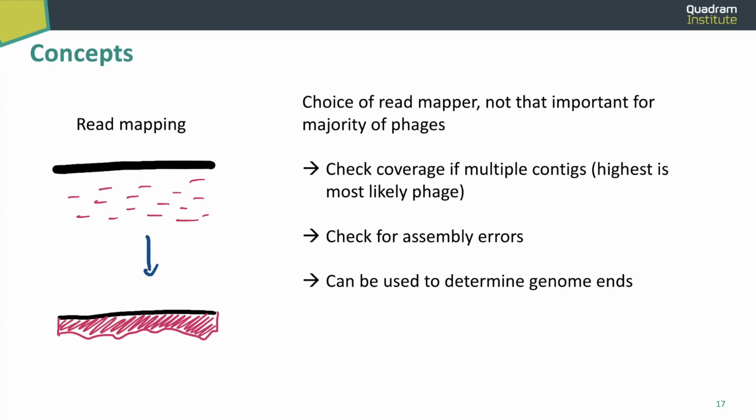If you have multiple contigs, read mapping and checking the coverage is important because that is the first clue to which contigs belong to your phage and which are bacterial contamination. The one with the highest coverage is usually your phage genome. You can also use read mapping to check for assembly errors, and it can be used to determine the genome ends, which is what we will do today.